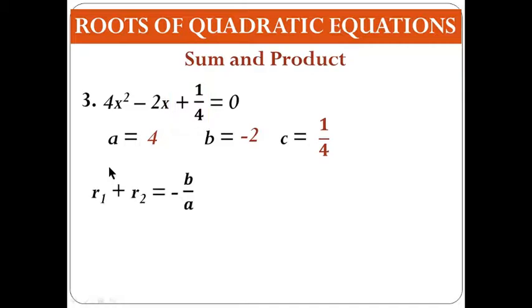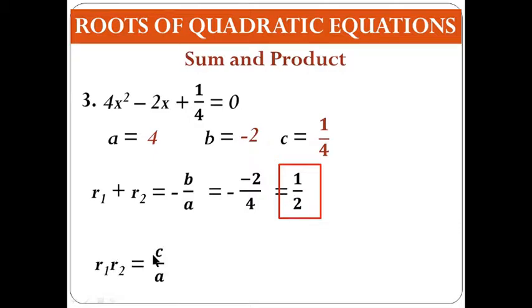Get the sum, negative b over a. So, negative b is negative 2, a is positive 4. Get the lowest term. The lowest term is 1/2. Paano nagiging positive? I-multiply yung ating sign na both negative. So, the sum is 1/2.